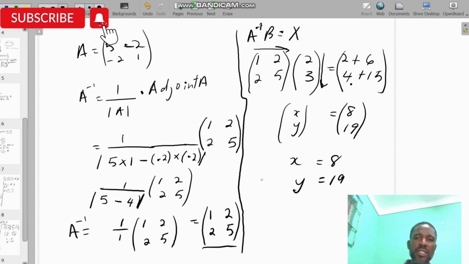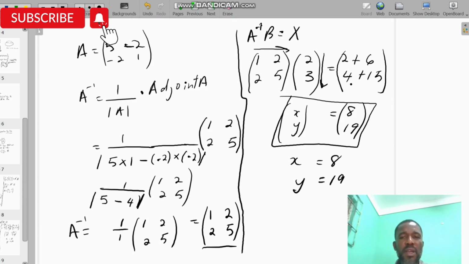Since if two matrices are equal, then equivalent elements are equal, x is equal to 8 and y is equal to 19. And that's how we go about solving a question like this.